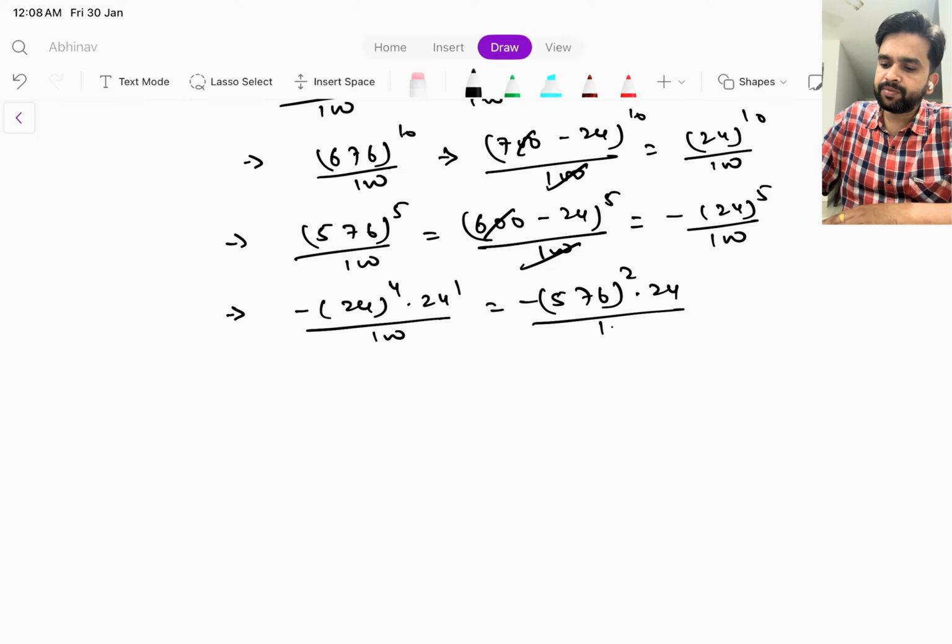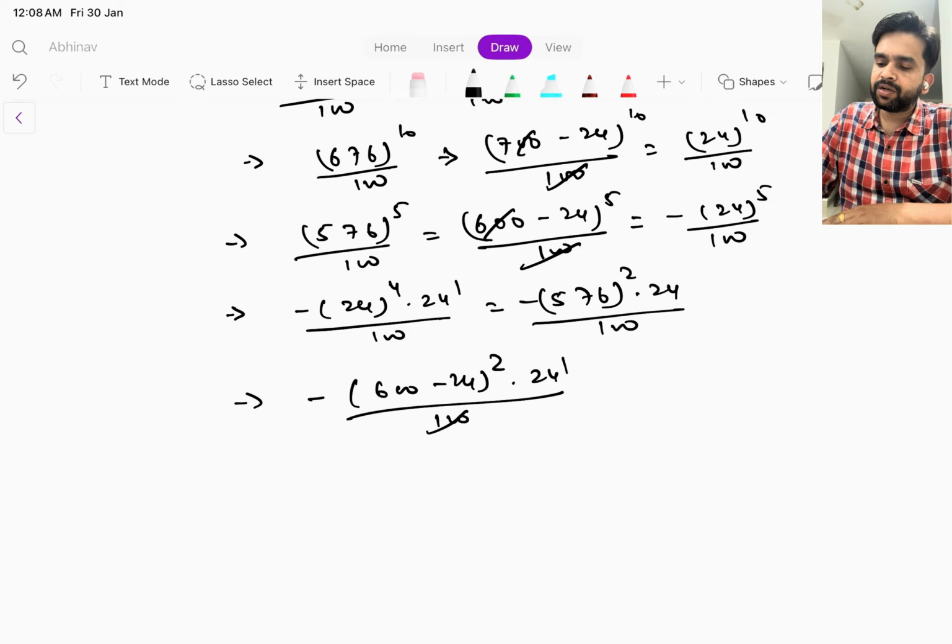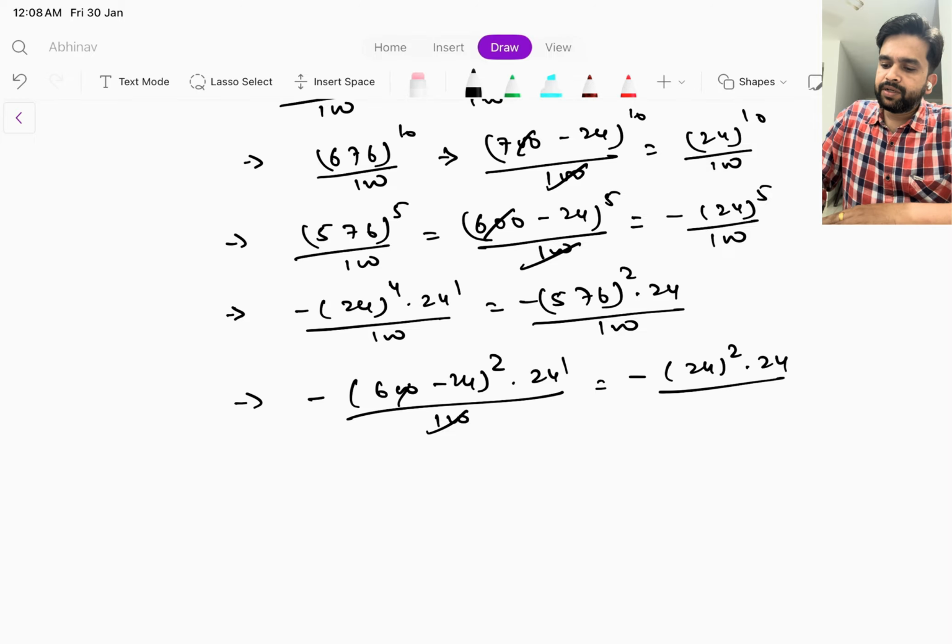Now this can again be rewritten as 600 minus 24 square divided by 100. This will be cancelled out. Negative number raised to even power is positive, so I'll obtain 24 square multiplied by 24 raised to power 1. This is again 576.